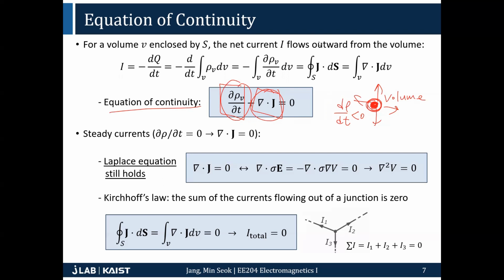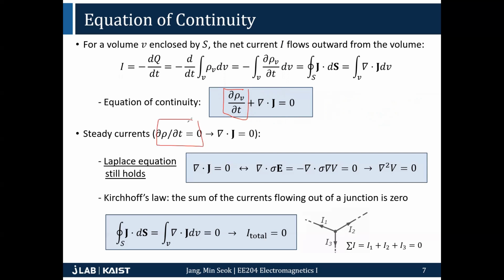And in steady state, interestingly, steady state means d rho/dt is 0, so the charge density doesn't change as a function of time. Then the divergence of j is 0 too. And the divergence being 0 again means, since j is sigma E and E is negative gradient of V, if you just do this chain of equations, you get to the conclusion that the Laplace equation holds.